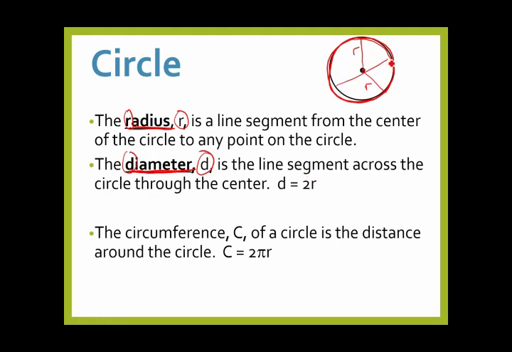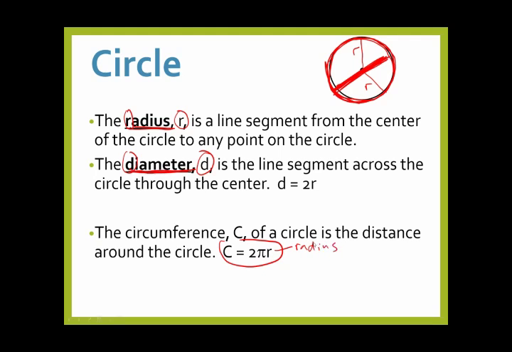So diameter is actually double the size of the radius, or you can say the radius is half the size of the diameter. And so here's the formula: to calculate the circumference, the distance around a circle, we use 2 pi r, where r is our radius.